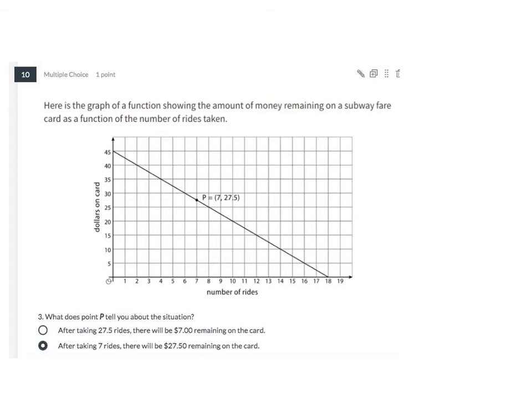All right, number 10, still kind of the same thing. We're actually going to read some stuff. We're talking about this point here and what it actually means. So we have 7, 27.50. Well, what does that mean? So let's go ahead and label it. Remember, we always have x, y, or the independent variable and the dependent.